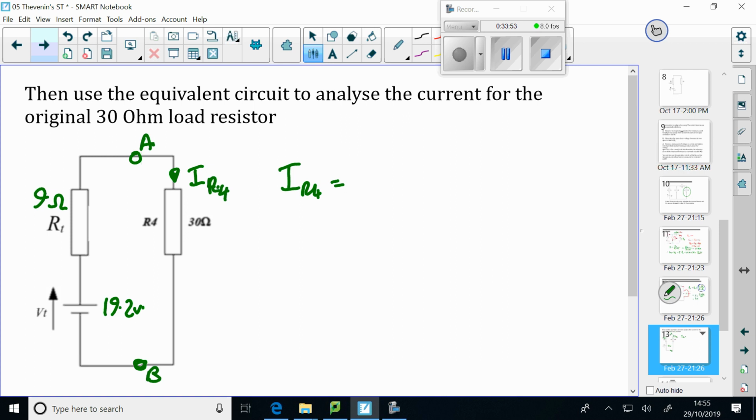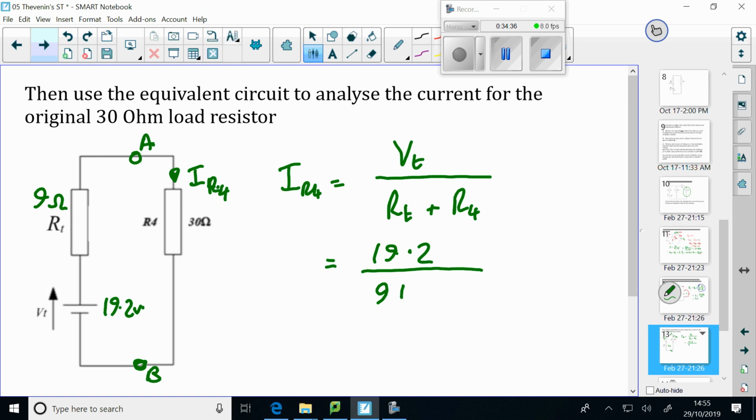So it's going to be V Thevenin's over, is that the only resistor in that circuit? You've got that and that in series. So that voltage is pushing current through both those resistors in series, so you have to add them together. So that's 19.2 divided by 9 plus 30.